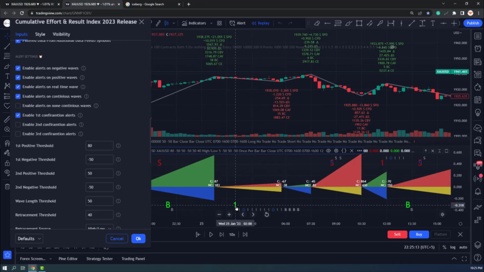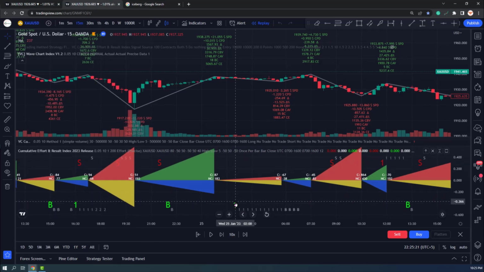You see here, the one sign. This is the first confirmation based on this wave.